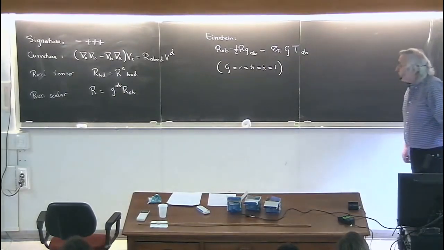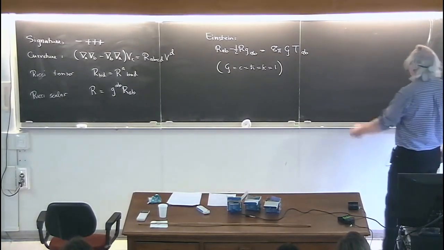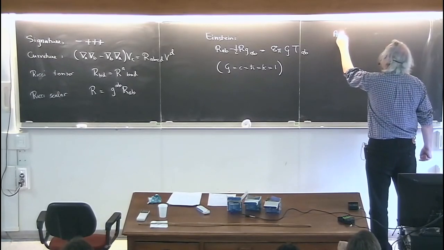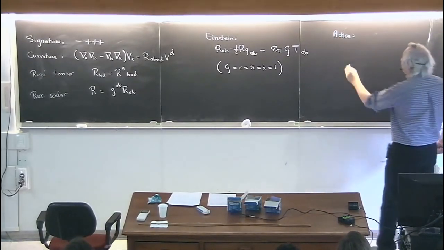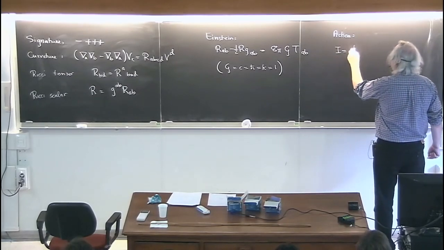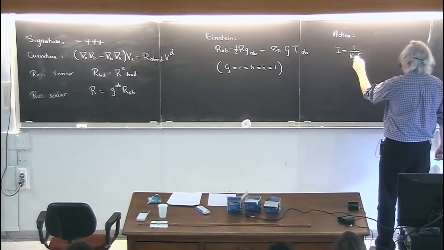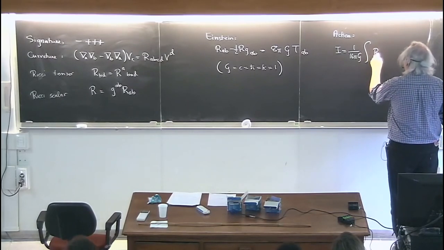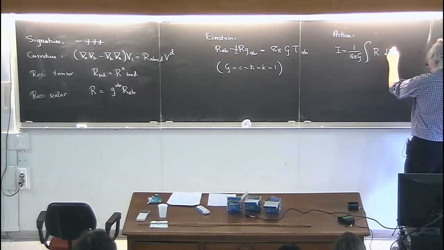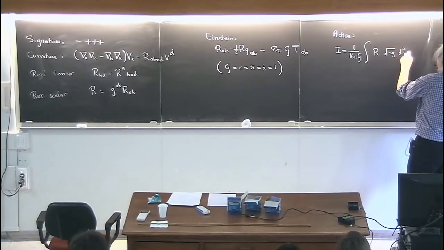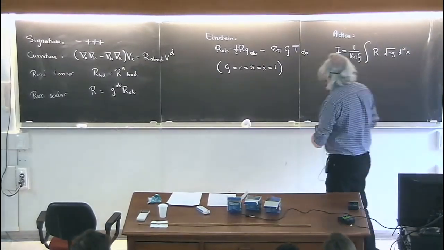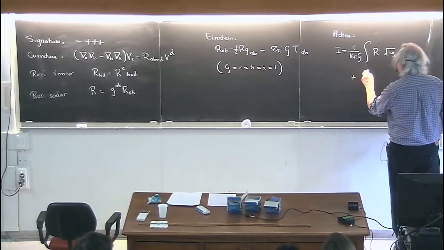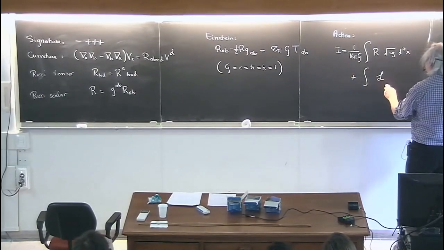The Einstein equations can, of course, be derived from an action principle. And the action that we will use is I equals 1 over 16 pi G integral of R square root of minus det g d^4x, the Einstein-Hilbert action, and that will be supplemented by any kind of matter action, integration of L matter.